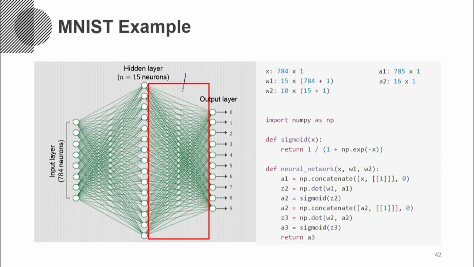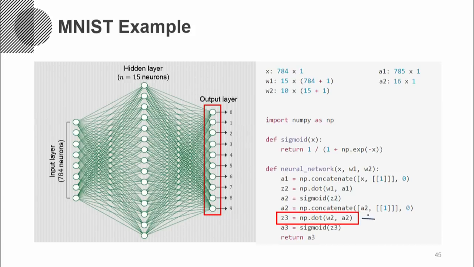And then let's look at this transformation that corresponds to all these edge weights. This edge weight will have the size of 10 by 16. So after doing this dot product between this edge matrix and the second layer or hidden layer output, the resulting size will be 10 by 1, which corresponds to this output layer.